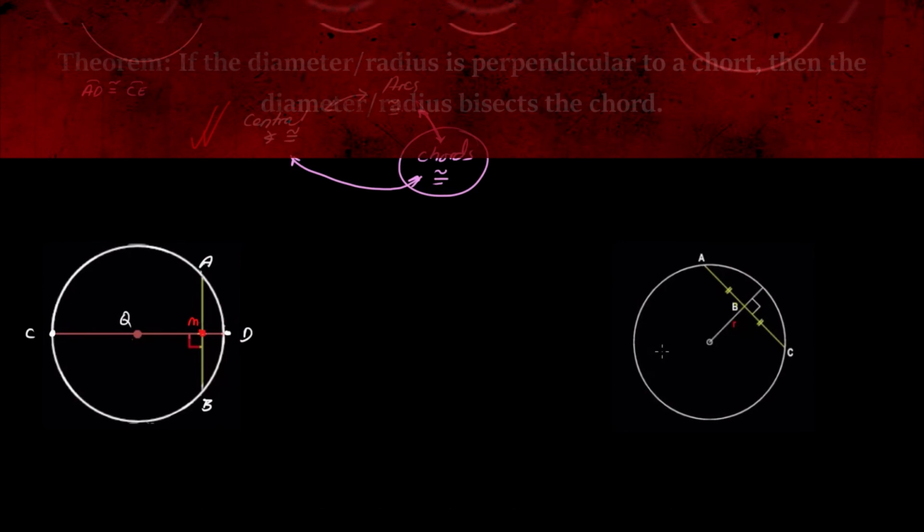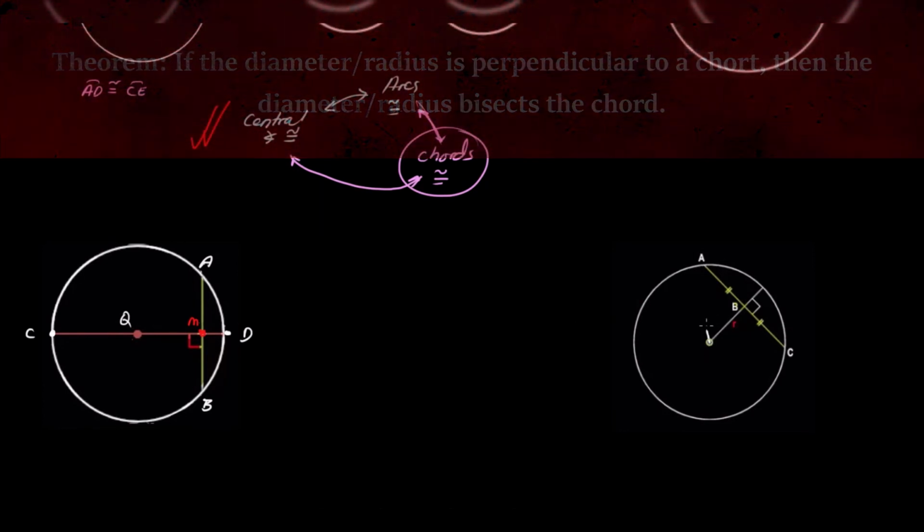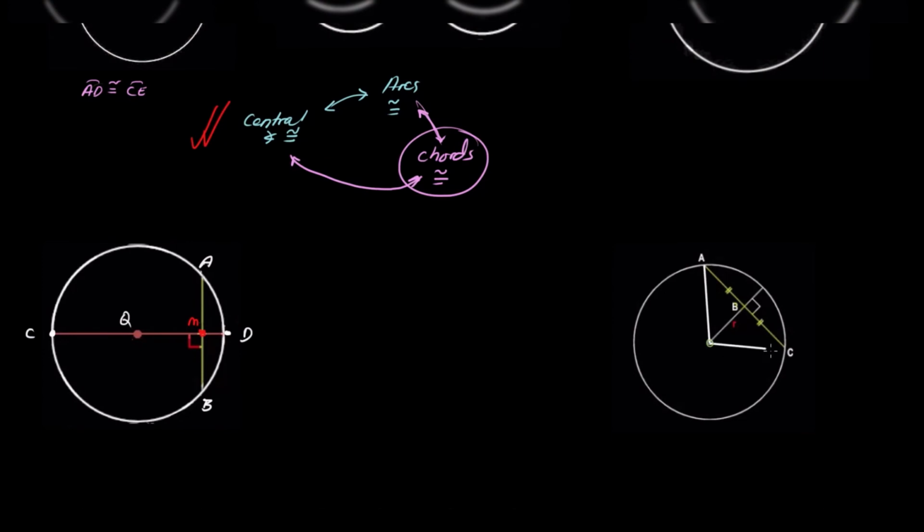Now, as I've suggested over here, the same is true with the radii, because we really don't need the whole diameter to make the proof, right? Because in this case, I could just draw out the triangles here again, like this, and then I can prove these to be congruent, and then I could prove that the chord is bisected by the radius.